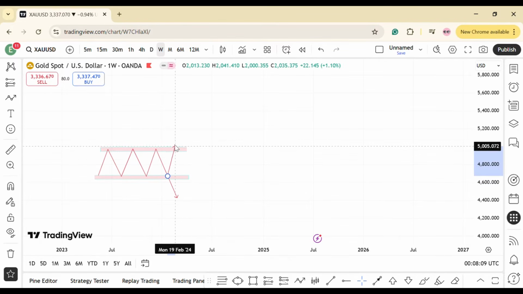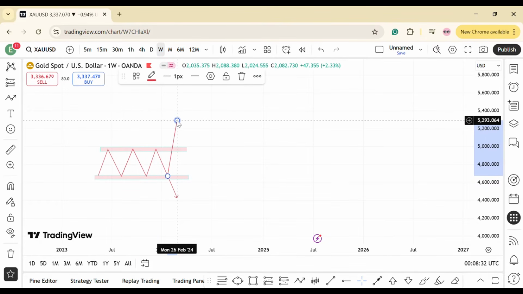When you see a weak breakout of these key levels, that is an invalid break of structure. A valid break of structure is when a full body candle breaks out of this key level. That is when you can say, okay, this now becomes a valid break of structure. The same goes with the sell side.